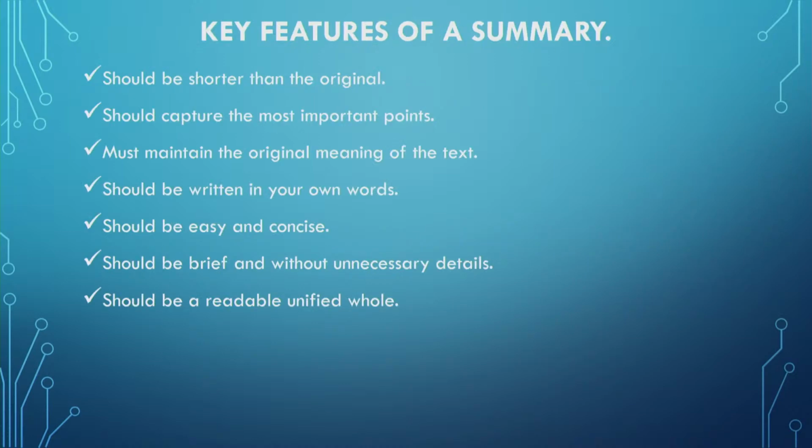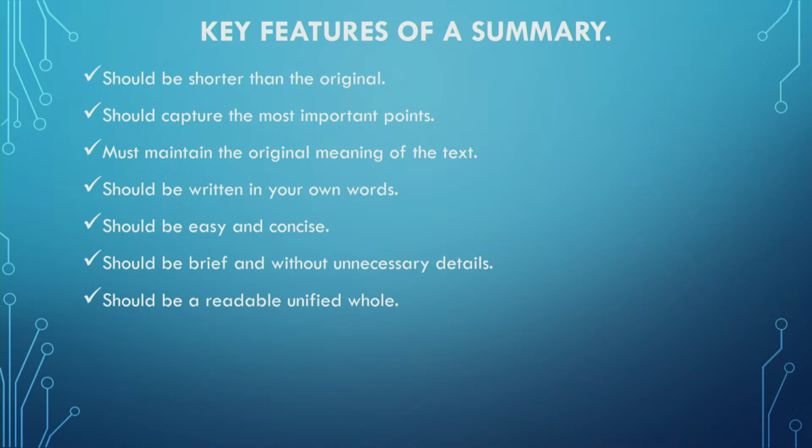Now, the key features of a summary. What should your summary contain? What should be included in summary writing when you write a summary? Let's see. Your summary should be shorter than the original text or the original passage given to you. Secondly, your summary should capture the most important points. Remember the main ideas.